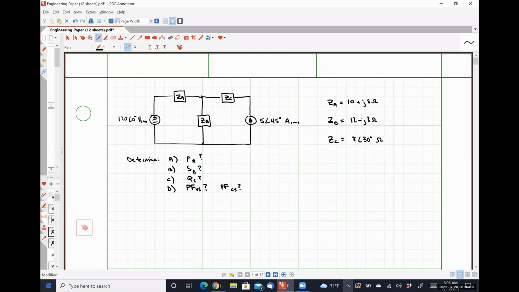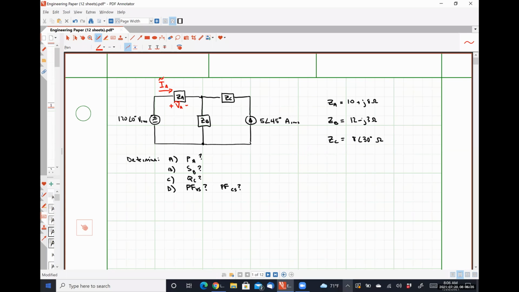So I'm going to write out some quantities here. For our impedance ZA, I am arbitrarily going to choose that it has some RMS phasor voltage VA having this polarity and an RMS phasor current IA having this direction.